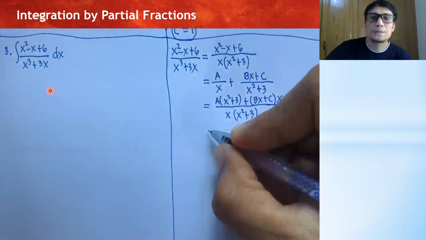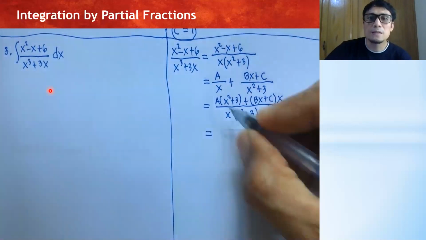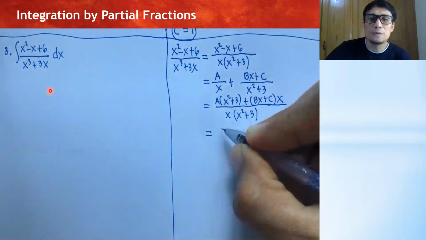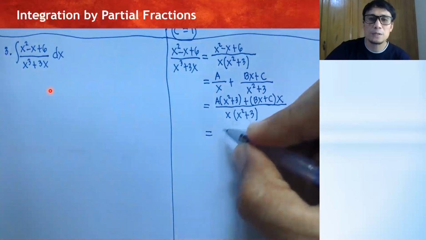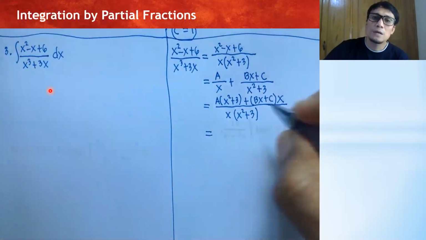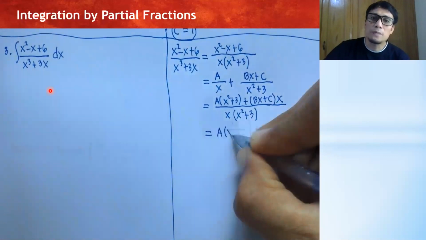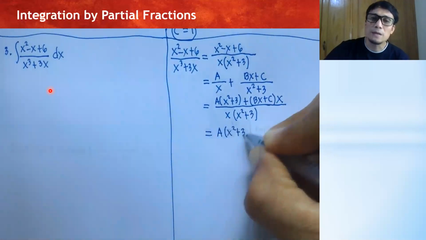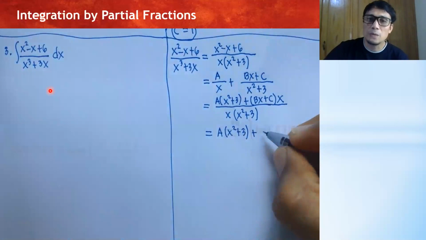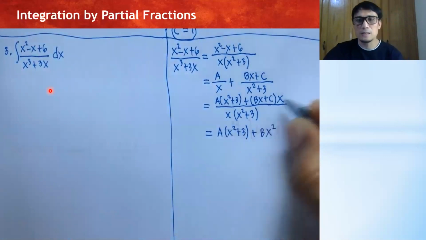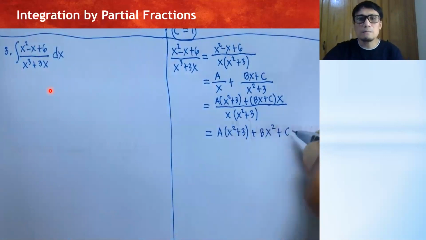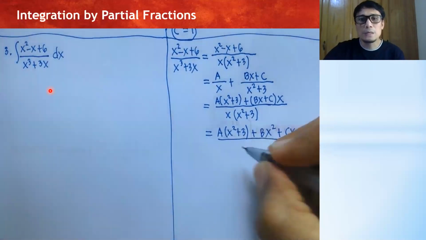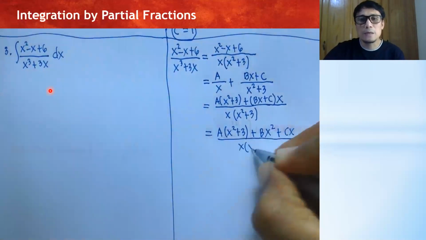And let's write this in standard form. So we have A times x squared plus 3, multiply that, so you have Bx squared plus Cx, then over x times x squared plus 3.